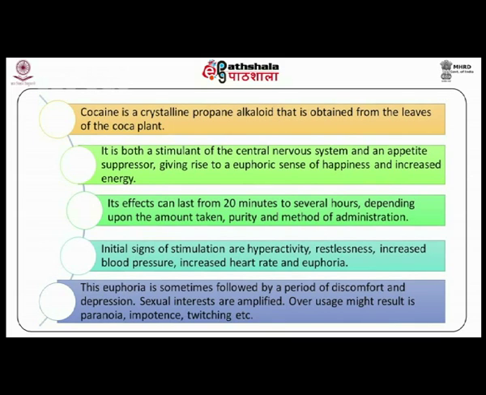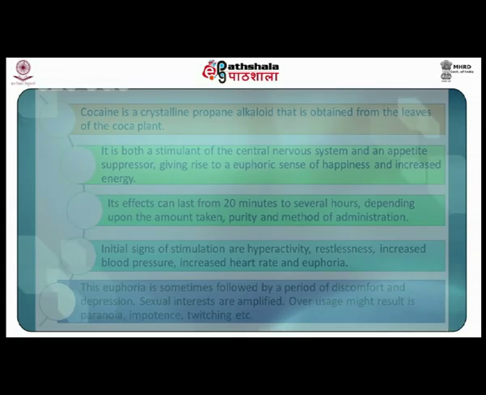Initial signs of stimulation are hyperactivity, restlessness, increased blood pressure, increased heart rate, and euphoria. This euphoria is sometimes followed by a period of discomfort and depression. Sexual interests are amplified. Overusage might result in paranoia, impotence, twitching, etc.